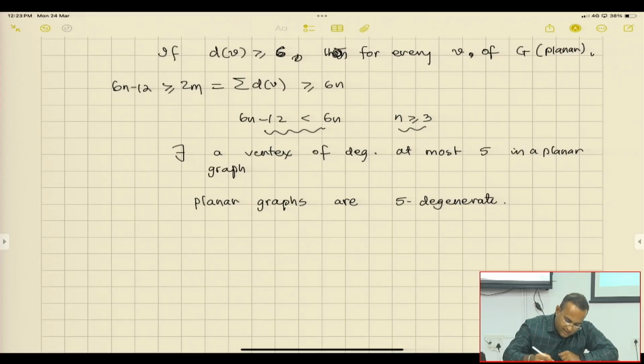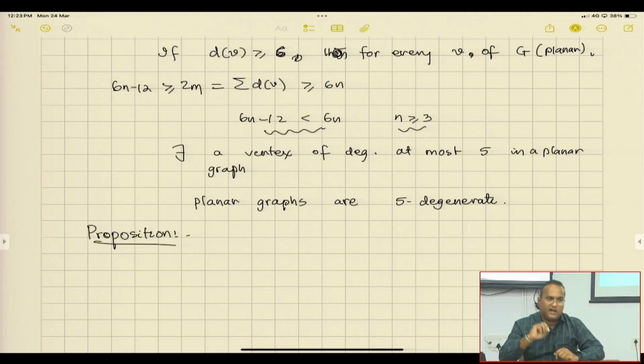So here, if the graph is k-degenerate, what will be the chromatic number of the graph?